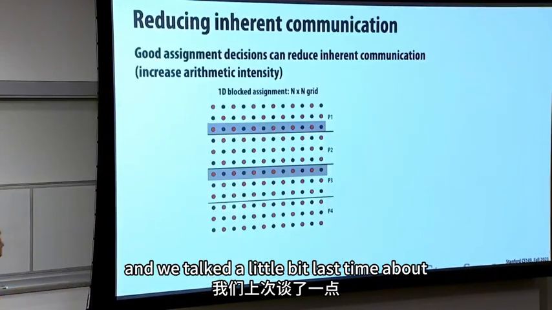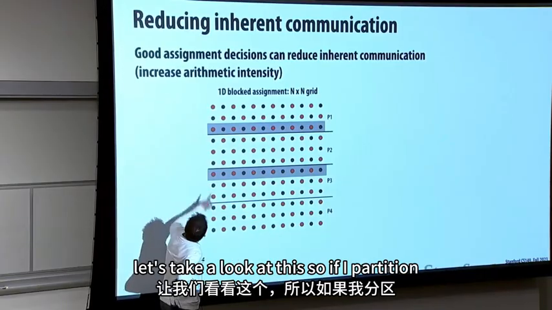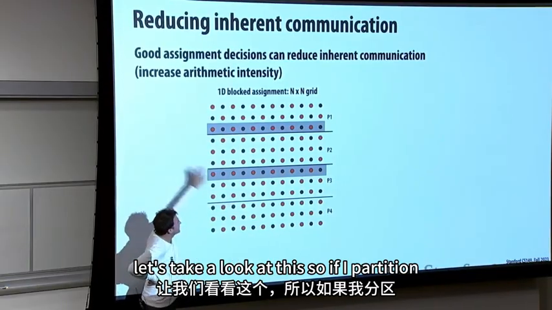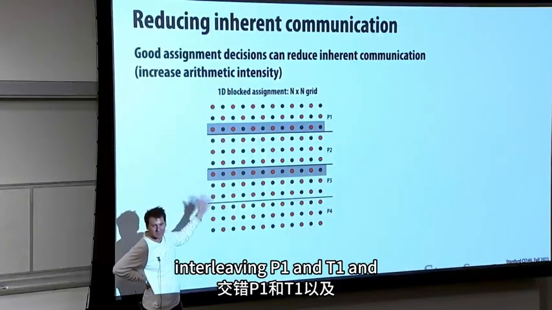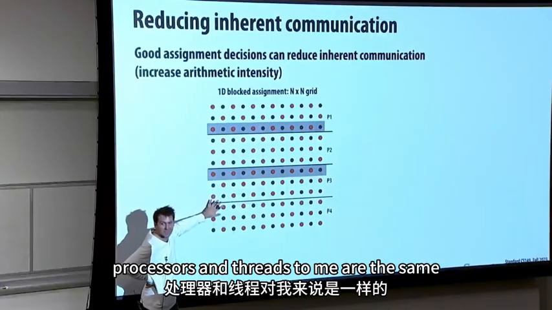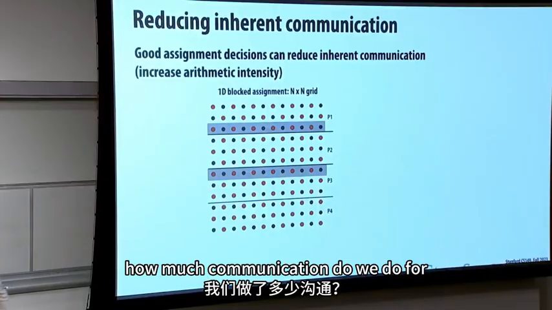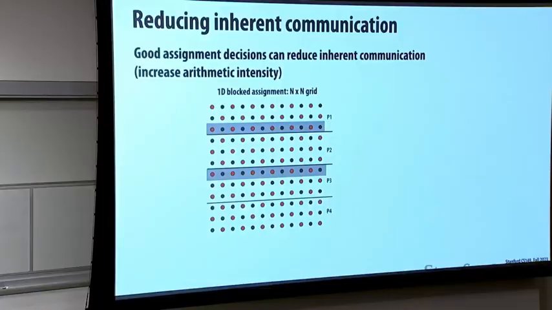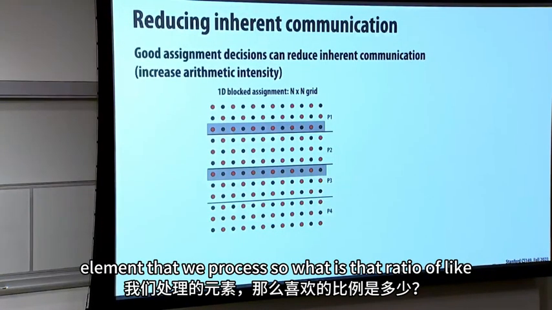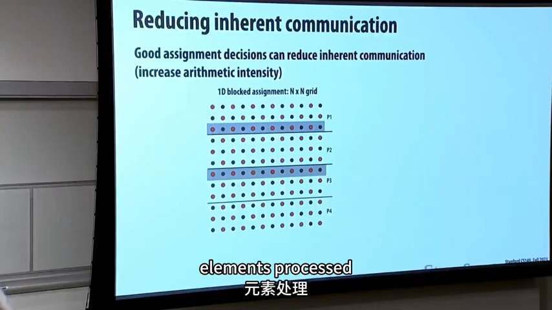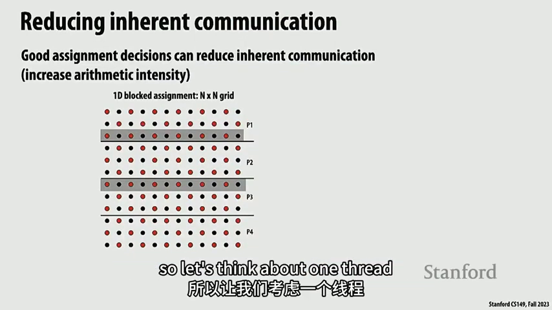And we talked a little bit last time about how much communication there is. Let's take a look at this. If I partition my work across my processors, sorry for interleaving P1 and T1, processors and threads are the same to me in this lecture. How much communication do we do for every element that we process? What is that ratio of elements processed to amount of communication that happens? Let's think about one thread.